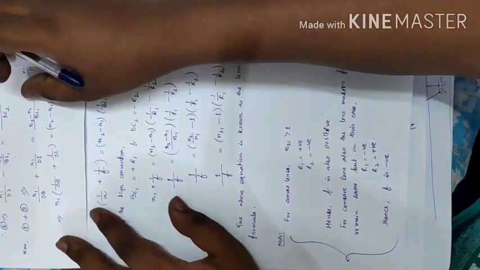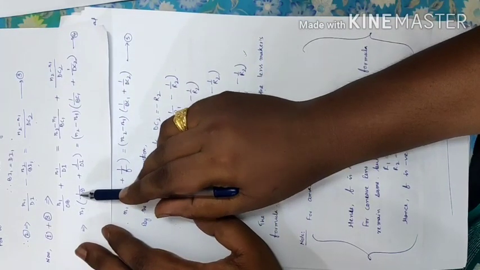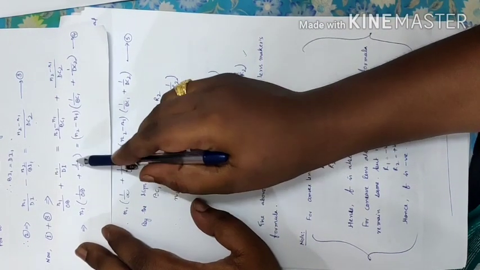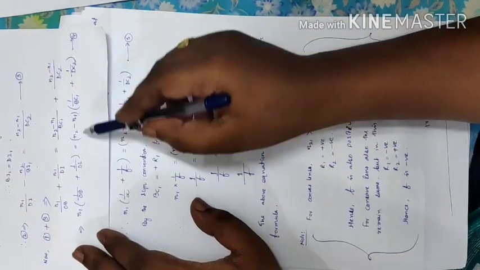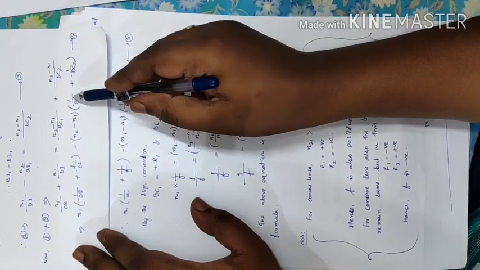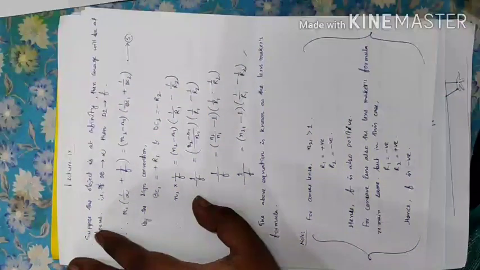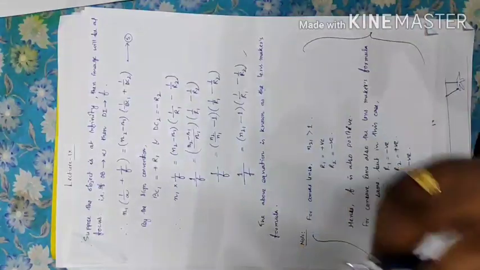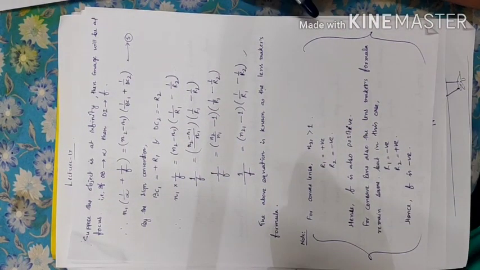Now what will this equation become? n1 into 1 by OB (infinity) plus 1 by DI (f) is equal to n2 minus n1 bracket 1 by BC1 plus 1 by DC2. Make it equation number 5.